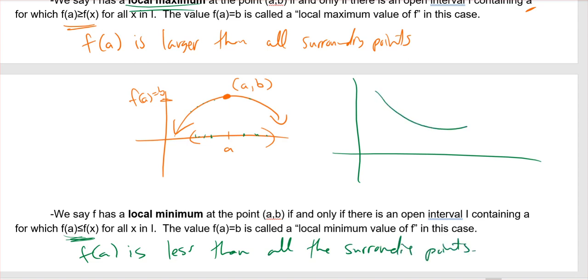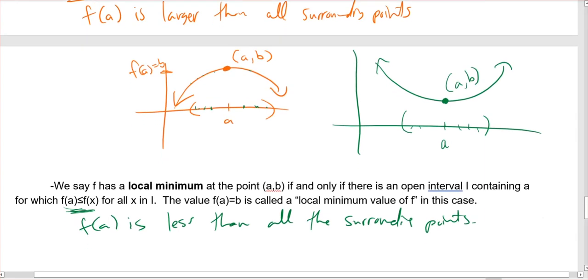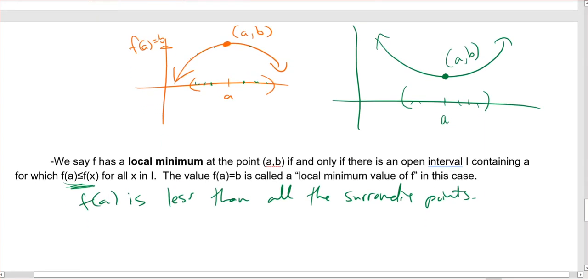Right, so a picture of this might look like this, where here is our interval I. I've got my number a here, and that's the minimum. If I can take any value in here and run that through the function, it's going to give us a value that's bigger, right? Right, we got a local minimum here. Okay, wonderful.